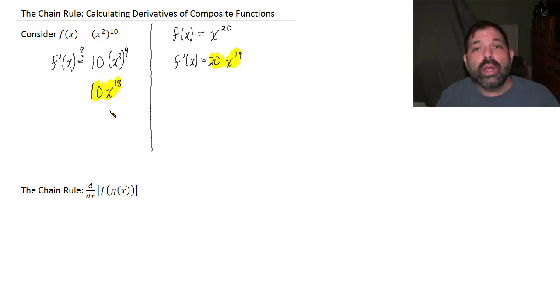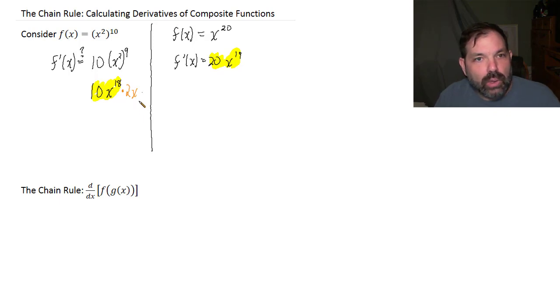All right, well, what could we do to make the expression on the left equal to the expression on the right? If we look at this, well, to make the 10 turn into a 20, I could multiply by 2, and x to the 18th times x is x to the 19th.